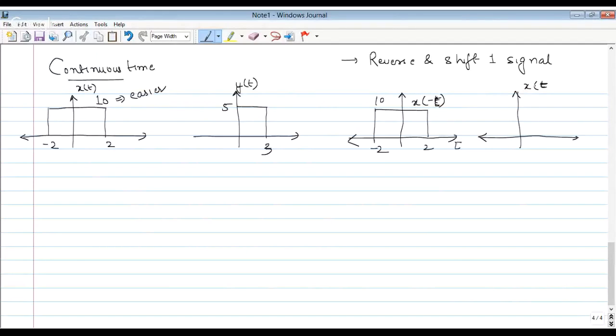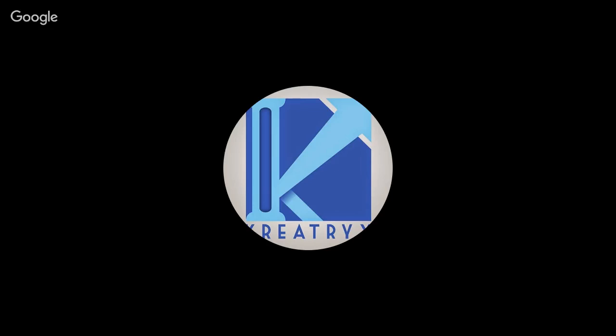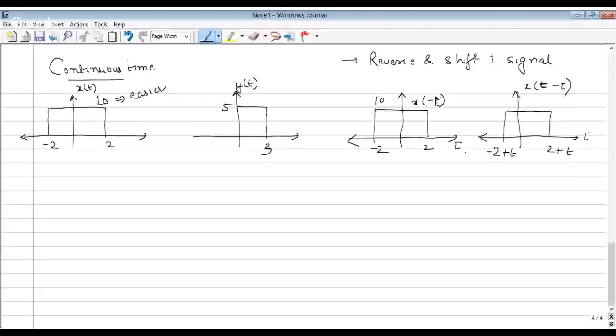Now I'll do x of t minus tau versus tau. Since I'm adding t, I'm shifting it towards the right by an amount t, so minus 2 plus t. I have shifted it to the right by t.